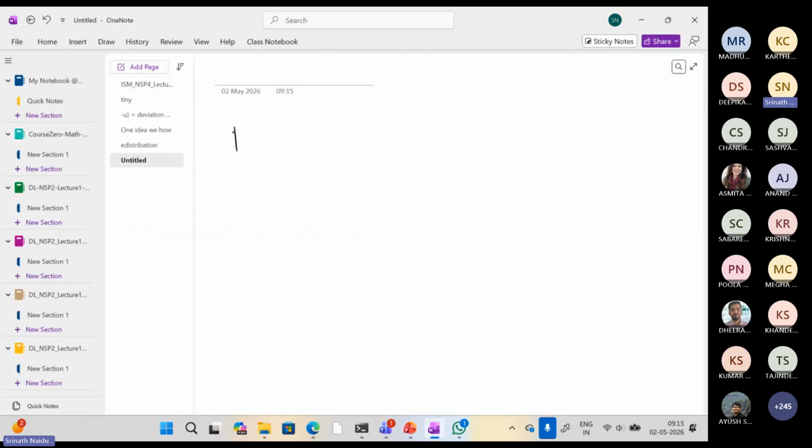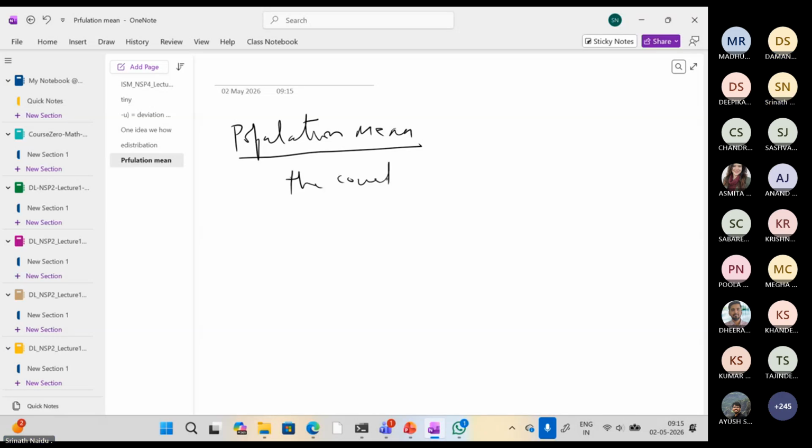There is such a thing as a population mean. Now, let's say you have a very, very large amount of data. Let's say the country's population has a mean income.